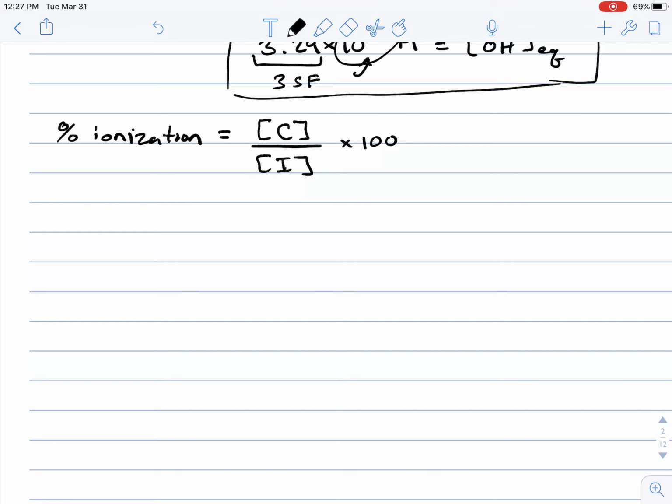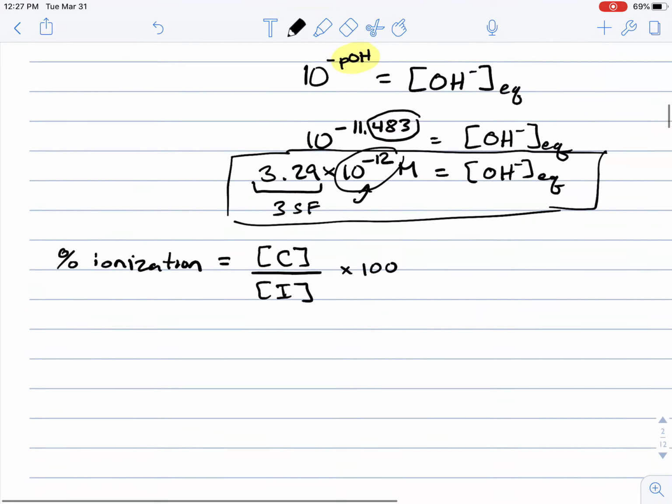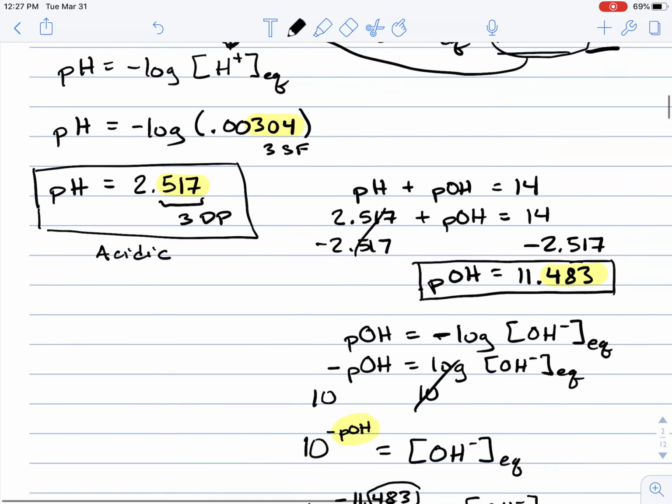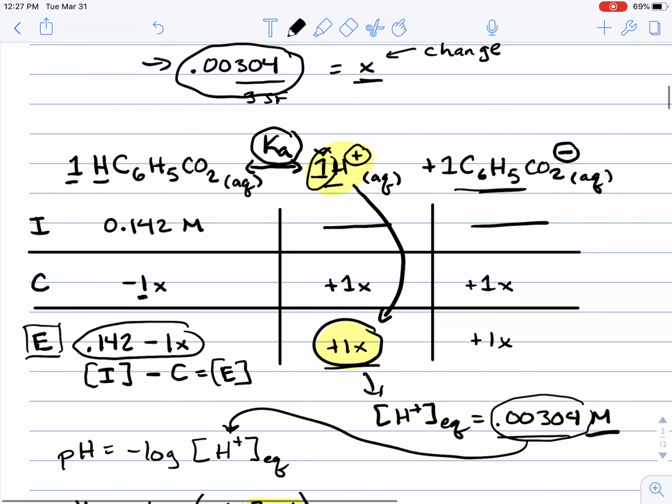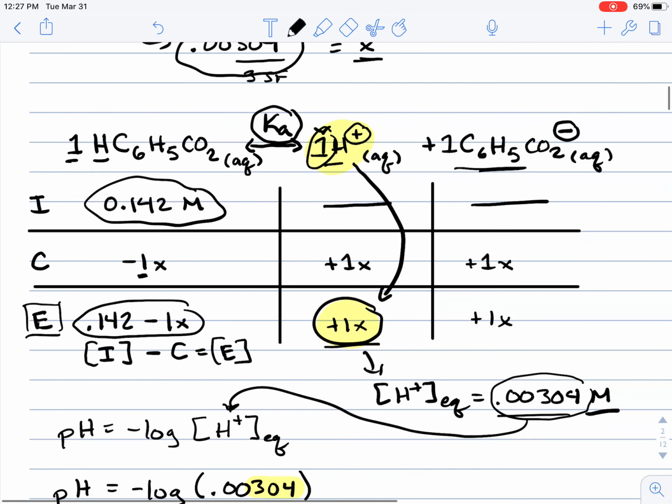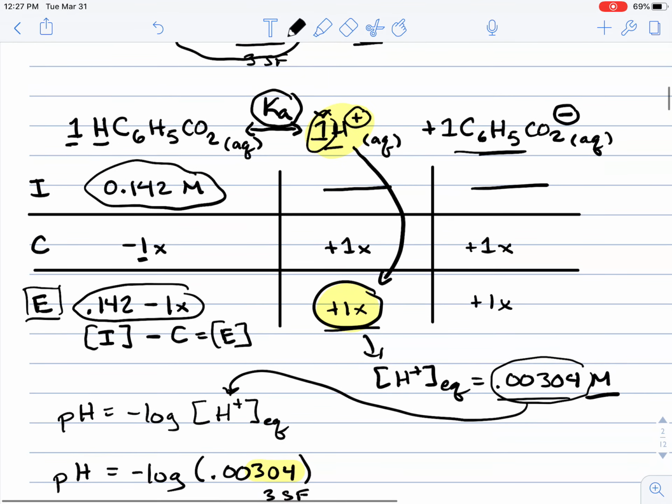The initial concentration is going to be 0.142, and that's going to be in the denominator. Just think of the initial concentration as the whole. Whenever you take a percent of something, it's always part over whole. Since the initial concentration represents the whole in the denominator, the numerator is going to represent the part, and that's going to represent the change.